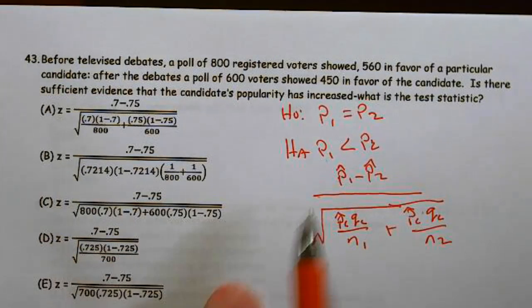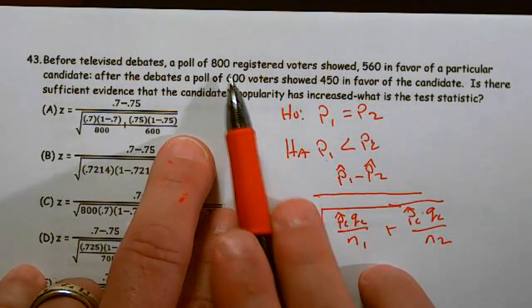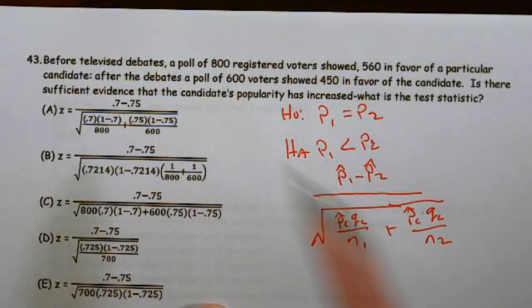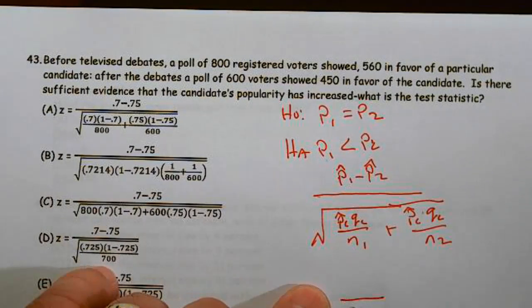So we know we're going to have denominators of 800 and 600. So this is going to be 800 plus 600.